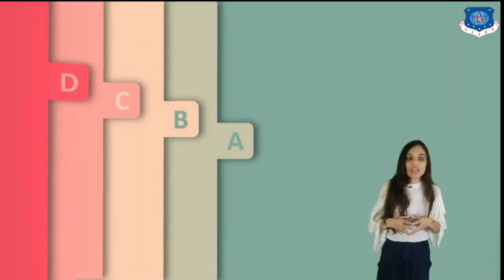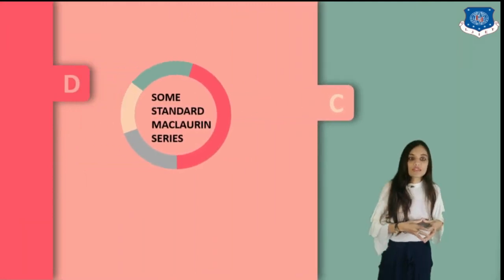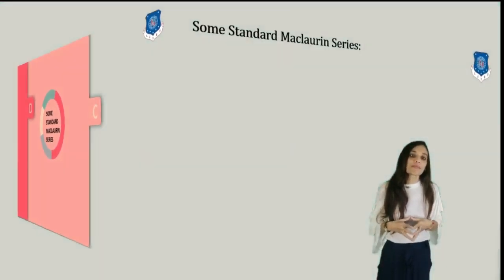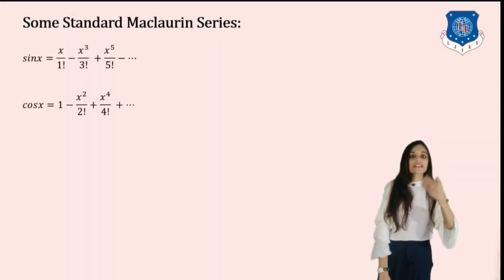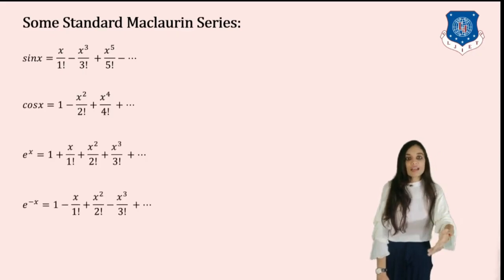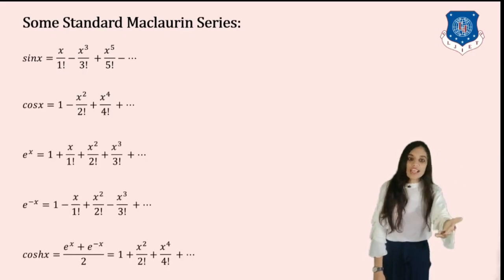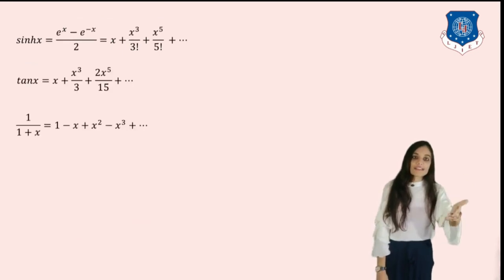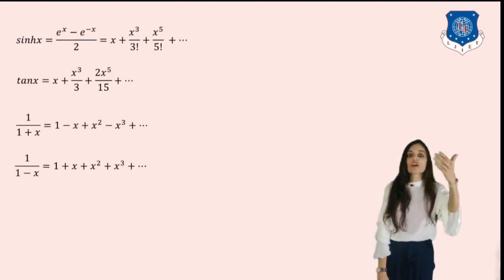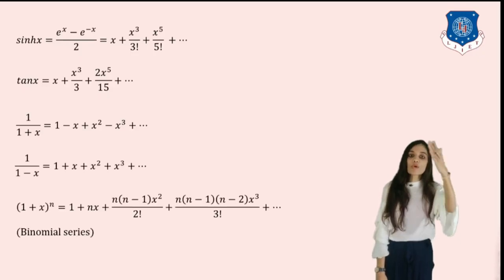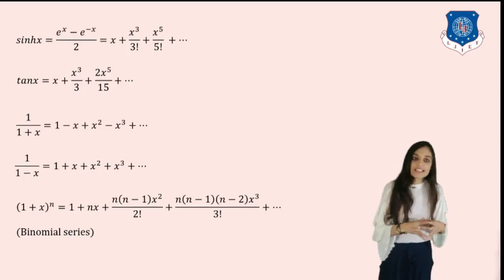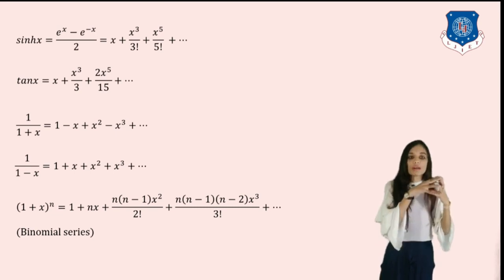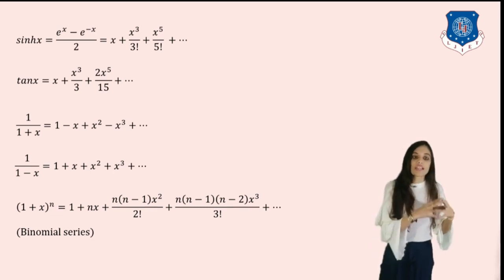Now we will have a look at some standard Maclaurin series which can be found using our formula. The first series is of sin x that we have studied just now. Next is cos x, then e raised to x, e raised to minus x, cosh x, sinh x, tan x, 1 upon 1 plus x, 1 upon 1 minus x, and last and most important, the binomial series, which is given by 1 plus x whole raised to n, that is equal to 1 plus nx plus n into n minus 1 upon 2 factorial x square plus and so on.